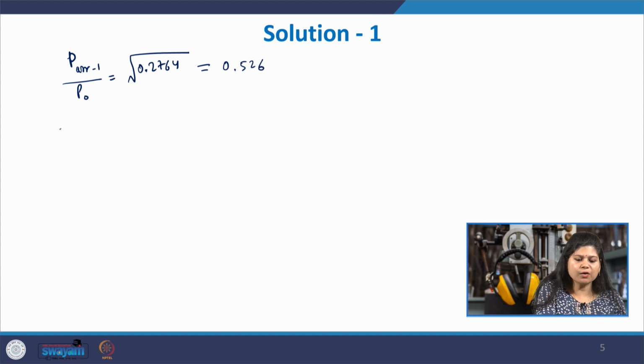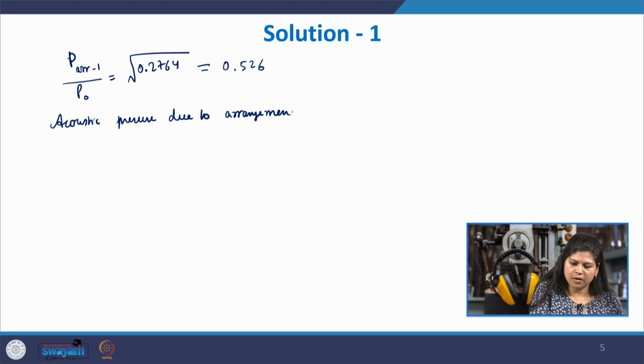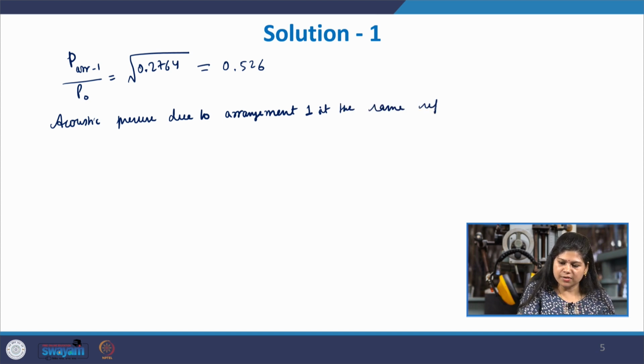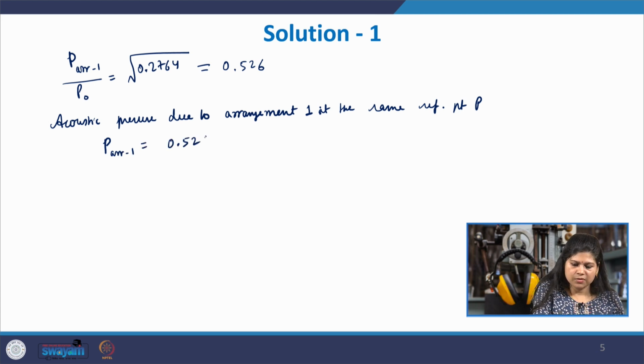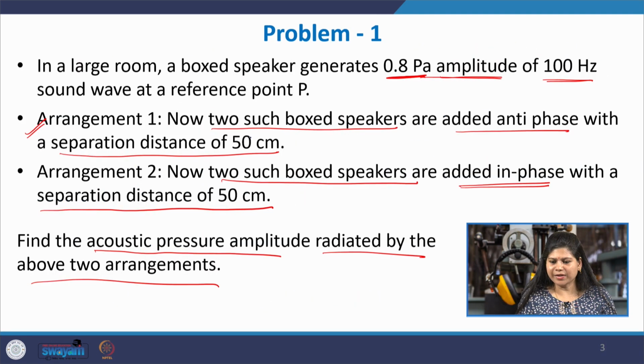So, what would be the acoustic pressure? That has been asked here. The acoustic pressure due to arrangement 1 at the same reference point P is given by this into P naught, and P naught here was 0.8.